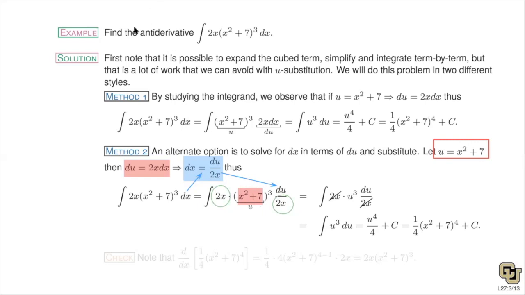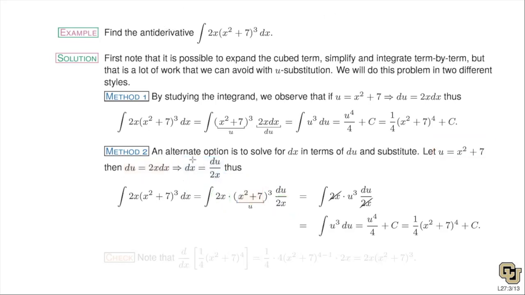So after canceling top and bottom, we arrive again at the same simple form we had before: the antiderivative of u cubed du. So it's still the same u substitution. Of course, you take the antiderivative and you get the same answer, plug in for u what we originally substituted, and you of course get the same answer. The only difference here is just a stylistic difference.